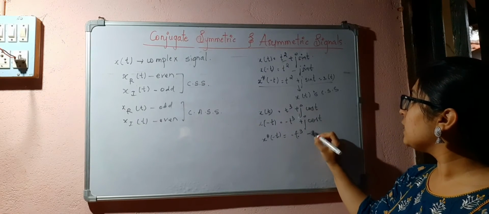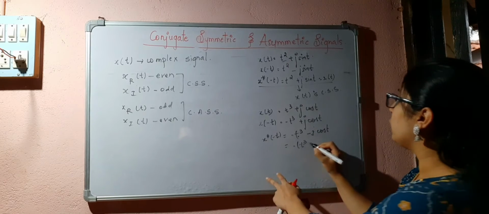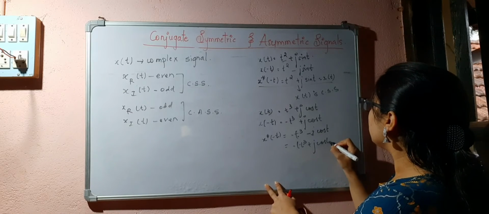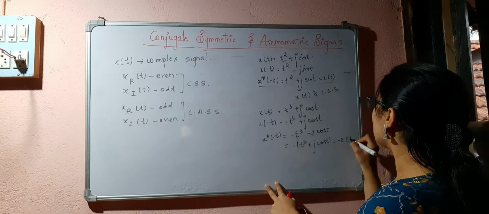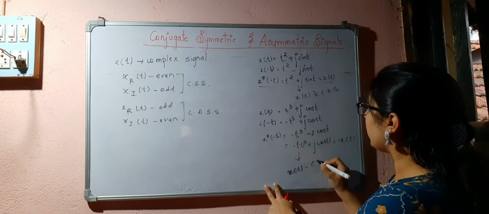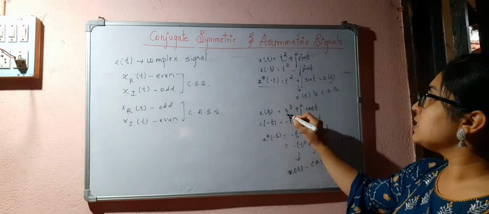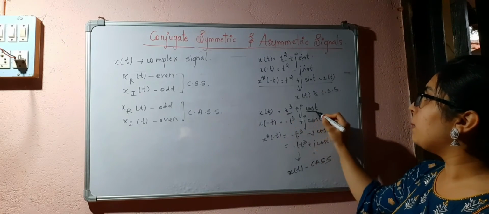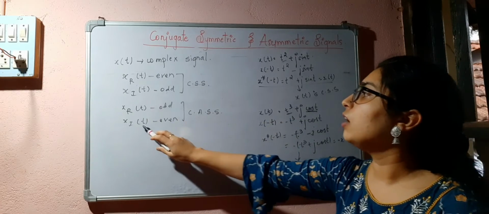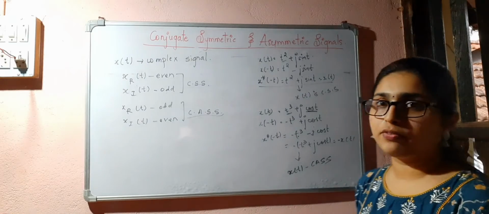Minus t cube minus j cos t. Okay, so minus of t cube plus j cos t, which is equal to minus x of t. So this concludes that x of t is a conjugate asymmetric signal. Okay, see here, this is the odd part, this is the even part. See, xr of t is odd, xi of t is even. That means x of t is a conjugate asymmetric signal.